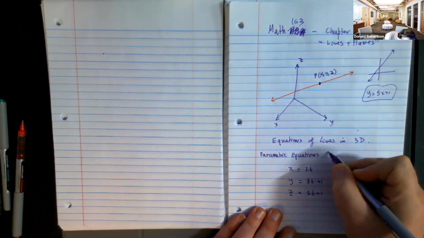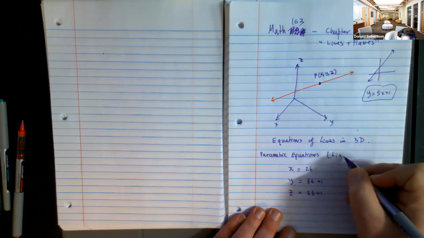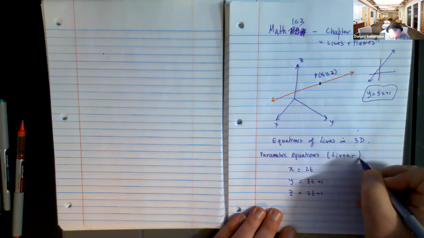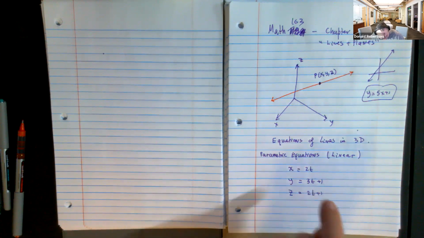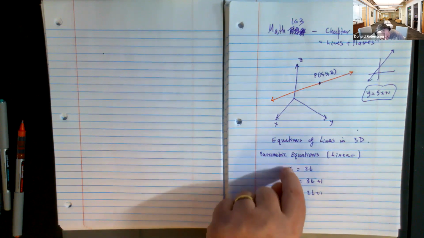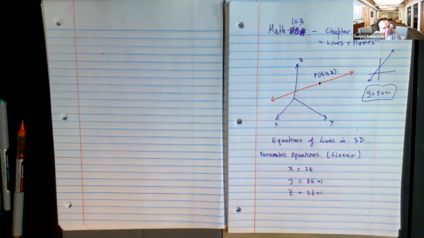But those parametric equations are typically going to be linear, right? So 2t plus 1, 3t minus 2, that kind of look to it. Not t squared minus t cubed. So far, so good. Now, can you imagine then for any given value of t, won't you get a unique x, y, z coordinate?